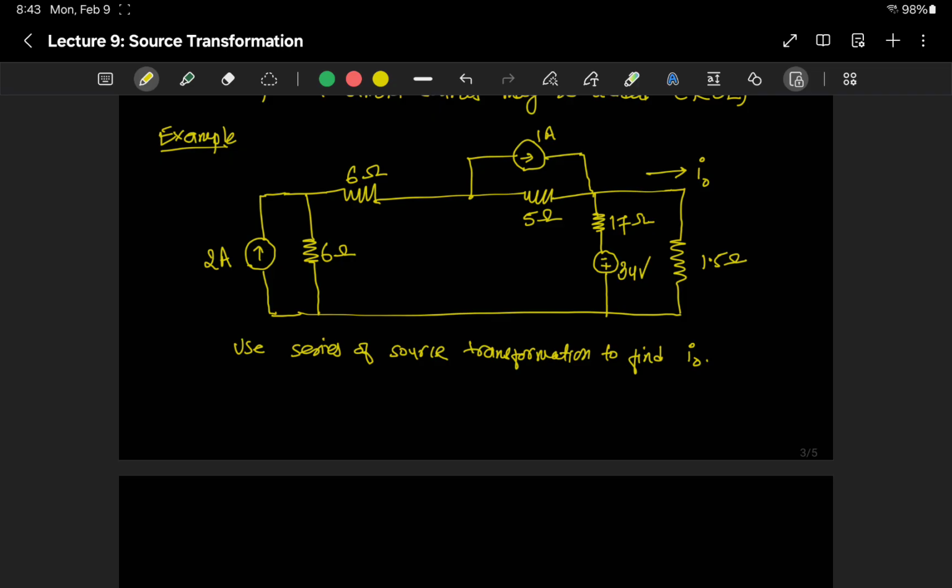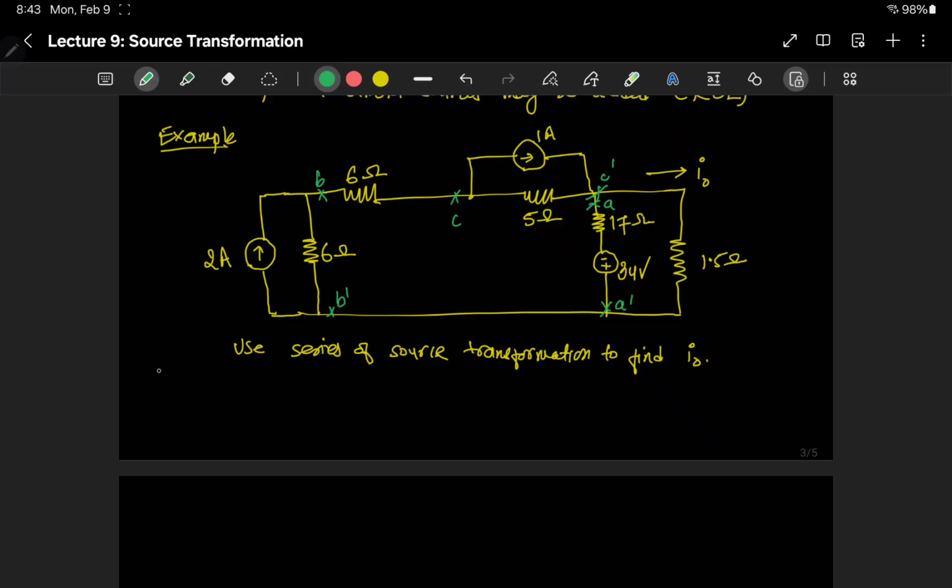So we can actually reduce that. Let me use a different ink. So from here to here, this side of the circuit, we have a practical current source. Similarly, we have a practical current source here, and we have a practical voltage source here, right? Let's say this is A dash, B dash, C dash.